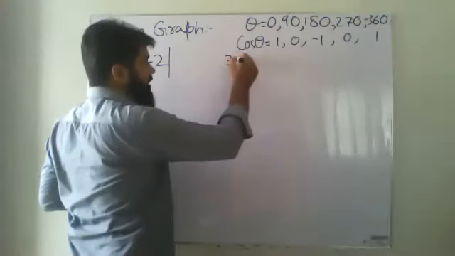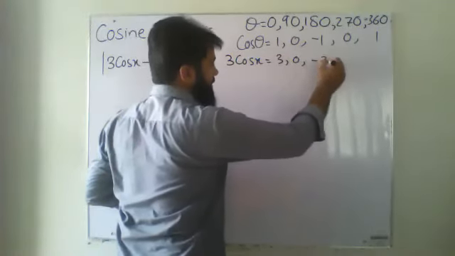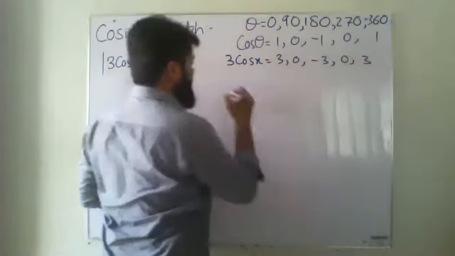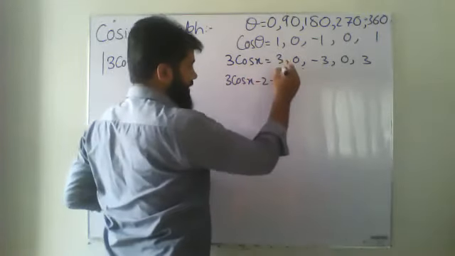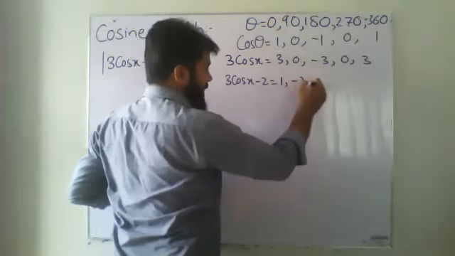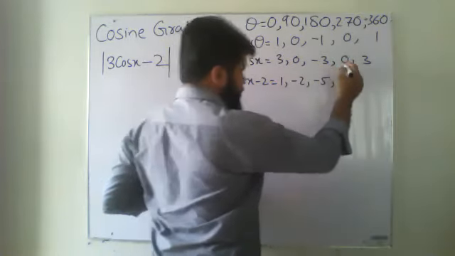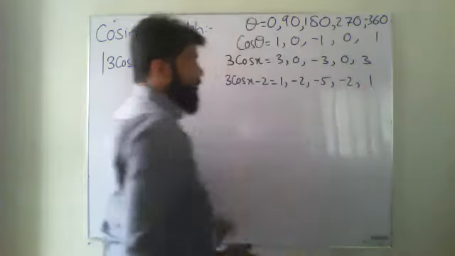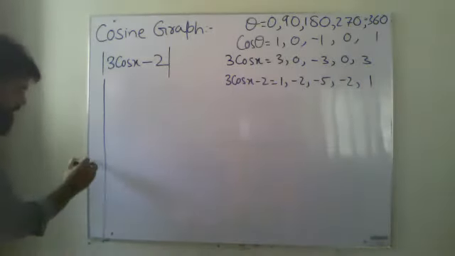So 3 cos x means 3, 0, -3, 0, 3, and 3 cos x minus 2 means 1, -2, -5, -2, 1.